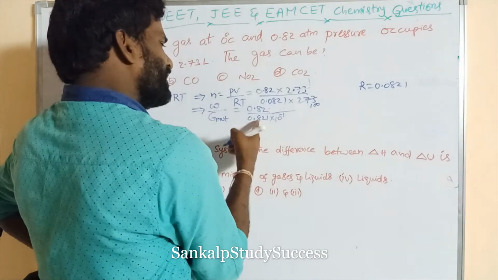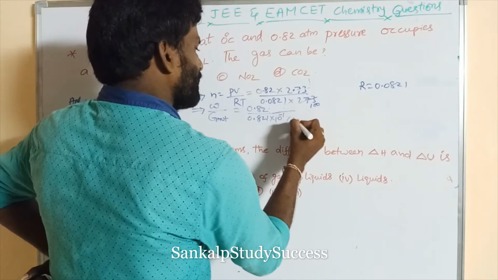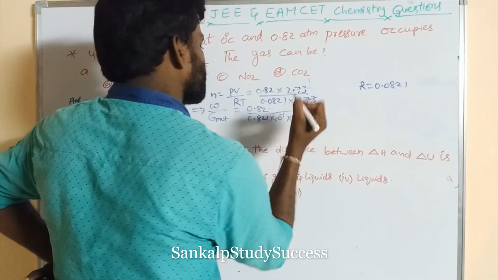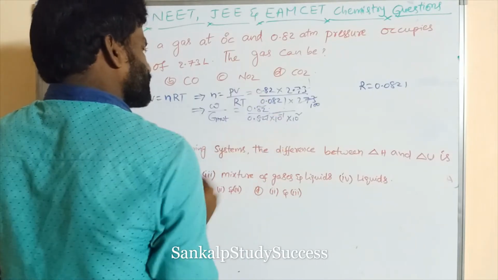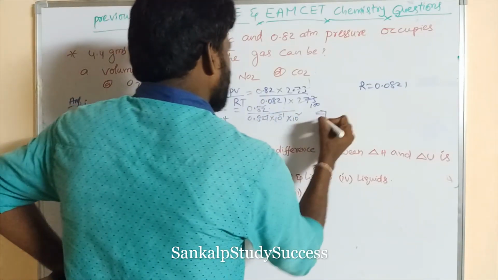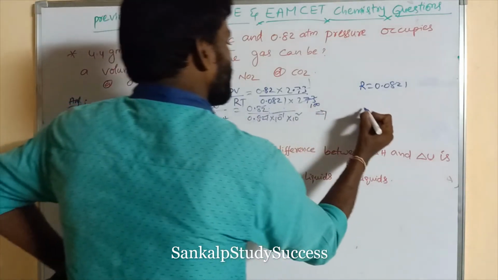If it is divided, again this value is obtained. 100 means 10 square, so these two are cancelled. So what is the remaining value? Now we want the gram molecular weight.